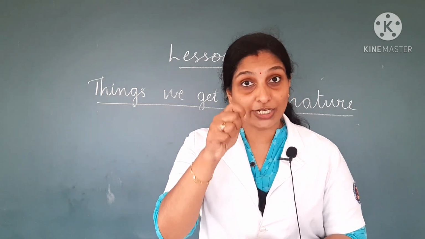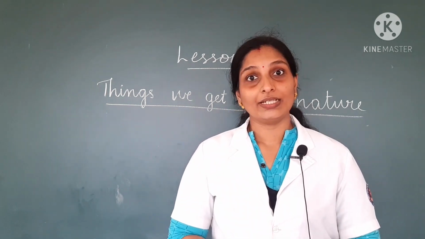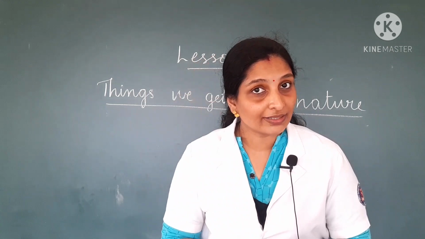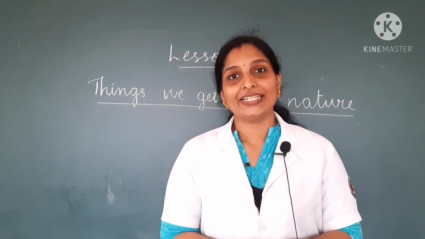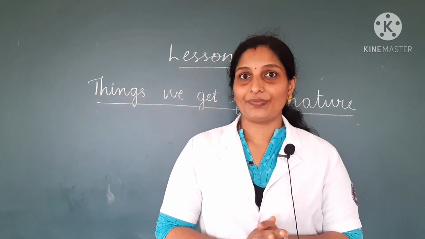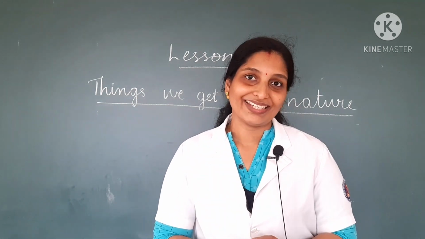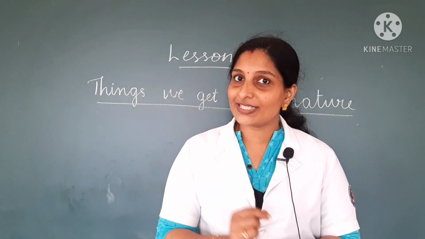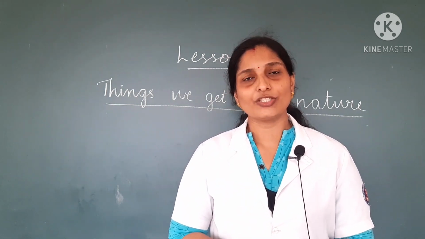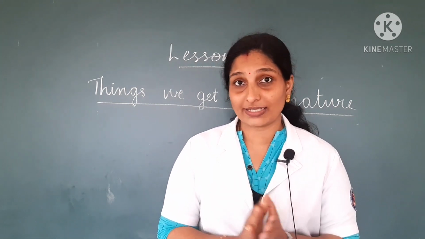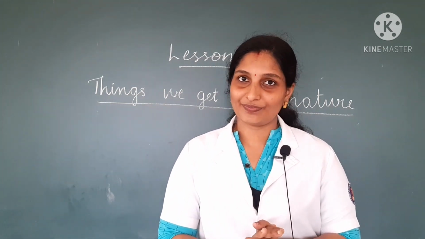You will use a brush to brush your teeth, a comb to comb your hair, a dress, plates to eat your food, then books to study, a pencil to write, an eraser to rub your mistakes, footwear. So many things are essential in our life.